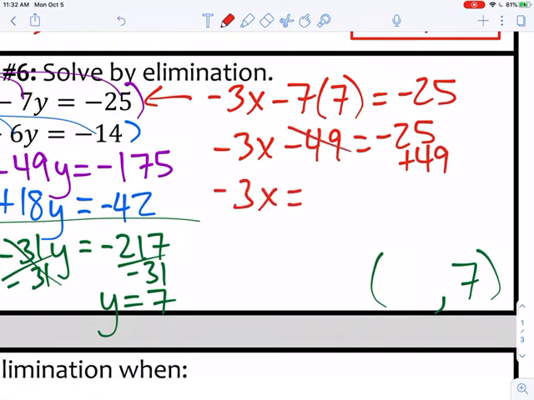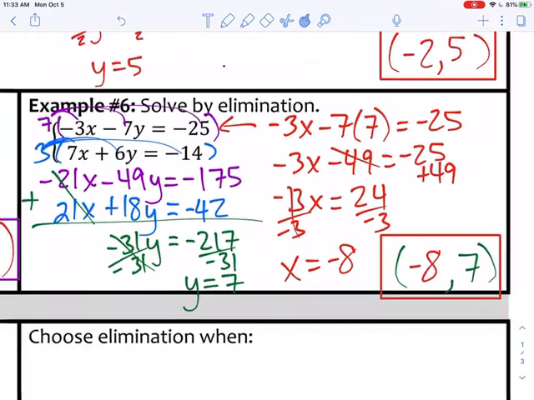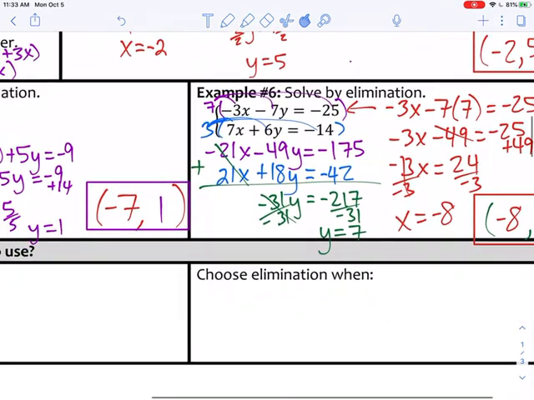Negative 3x is equal to positive 24, and then divide by negative 3, and x is negative 8. So we're using a lot of the same skills with substitution and elimination, all right? But they're both going to be helpful in different ways.